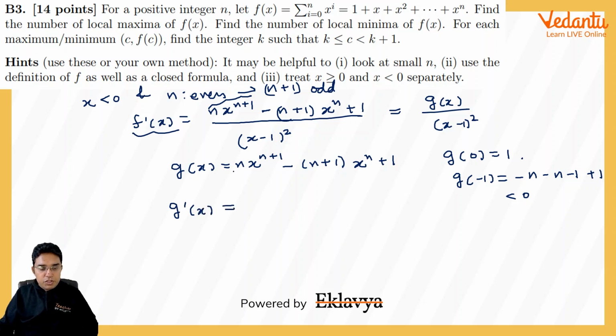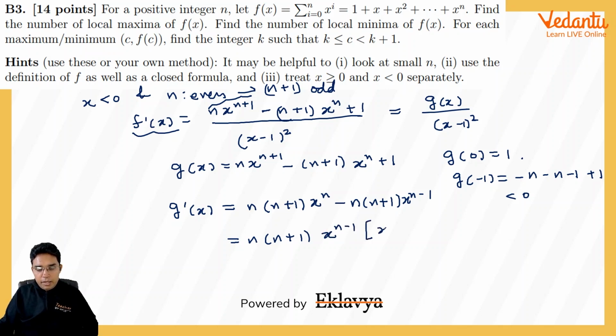If I differentiate this function gx, we get n into n plus 1 into x power n minus n into n plus 1 into x power n minus 1. So if you take n into n plus 1 common and also x power n minus 1 common, we get x minus 1 here. And n is even, so n minus 1 will be odd here.